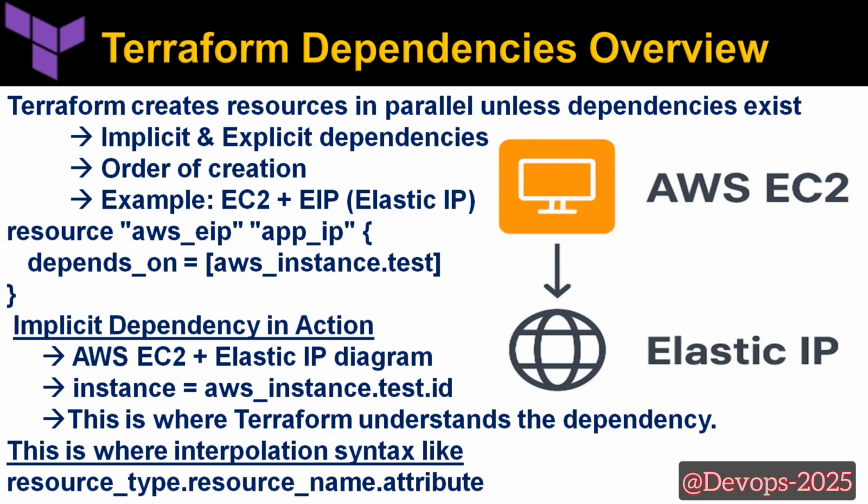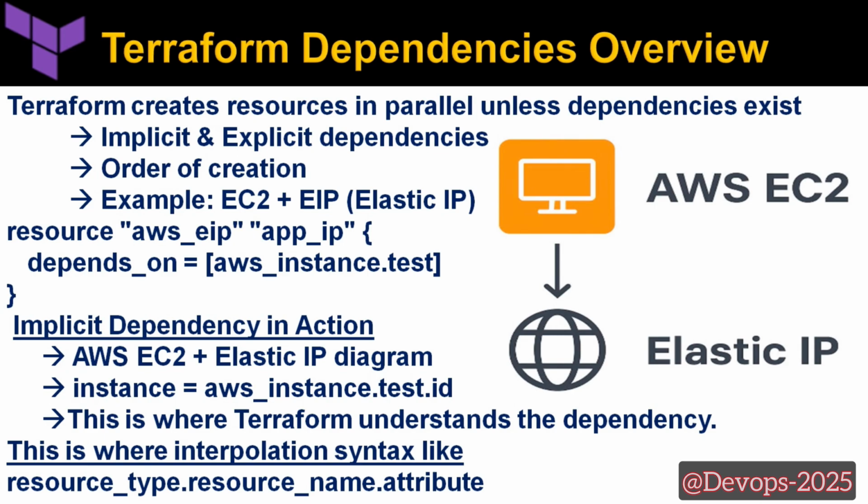That's where Terraform reads that one value depends on another, and that's what we call implicit dependencies. This avoids manual sequencing and technical hurdles that can cause errors if you try to create dependent resources manually. Okay, so let's take one real-time example to make it clear.